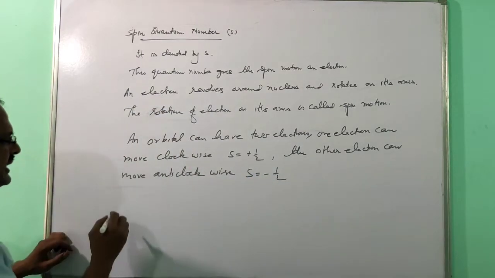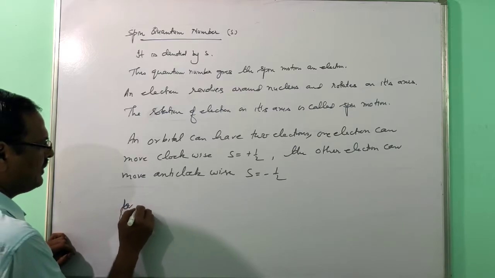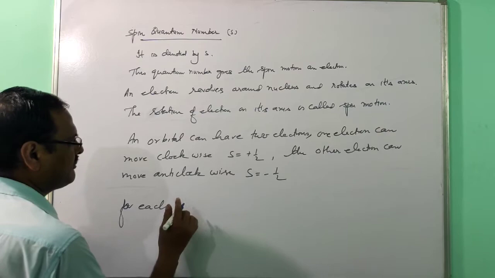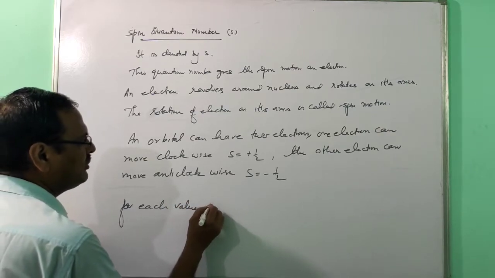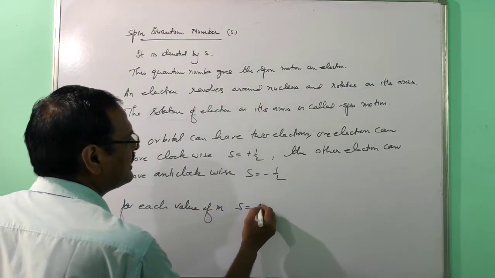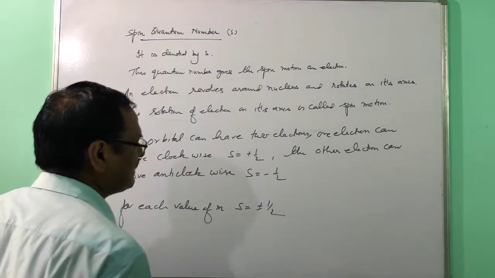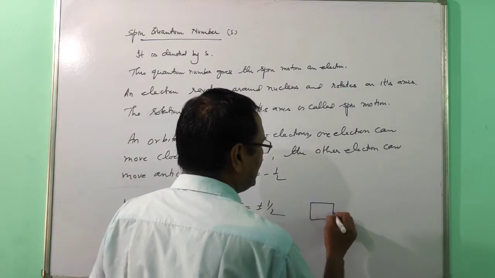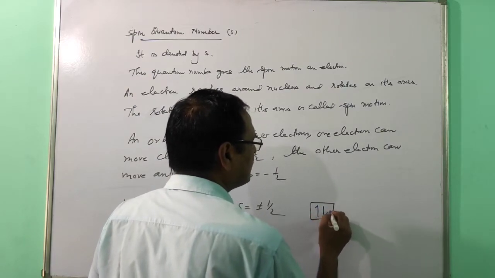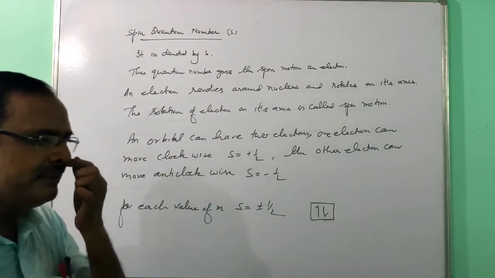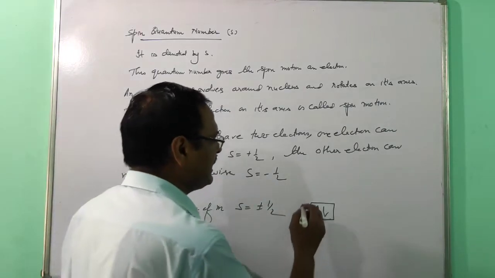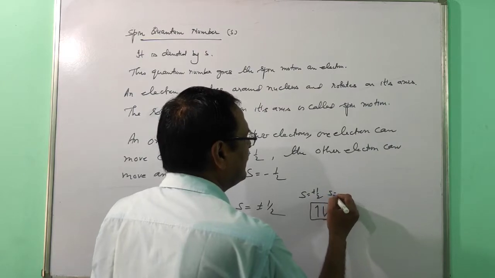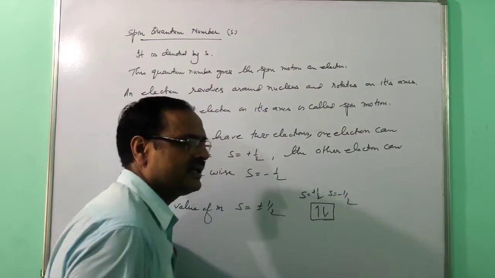So for each value of m, s is equal to plus minus half. It means an orbital can have two electrons. One electron will be clockwise, other will be anti-clockwise. So for one electron, s is equal to plus half, and for the other electron, s is equal to minus half.